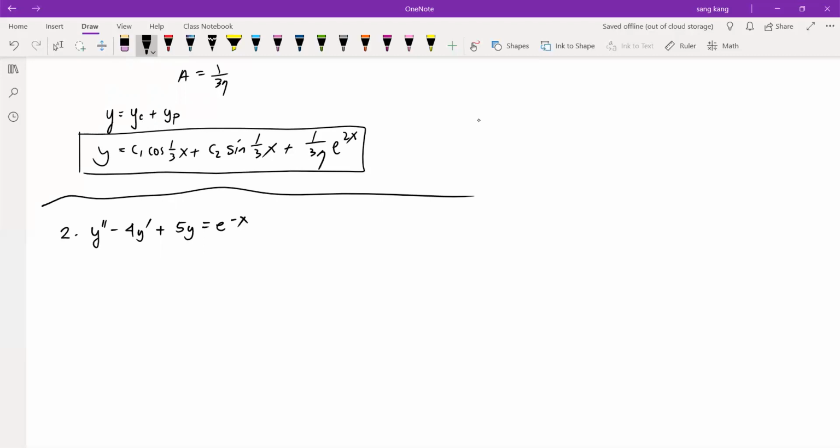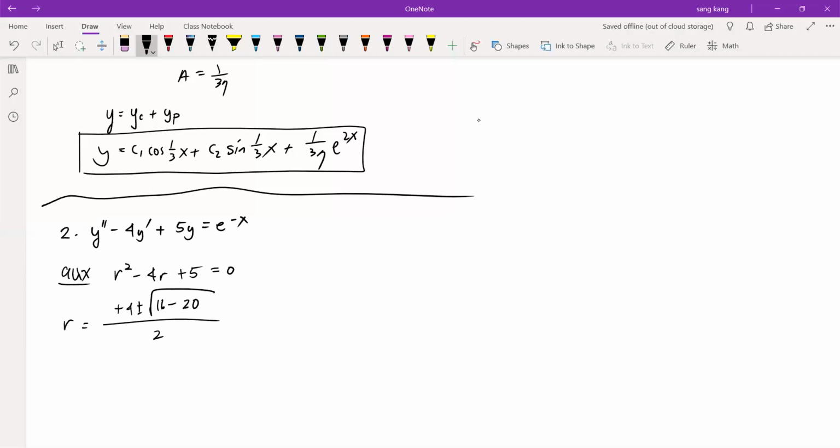Let's start with our auxiliary equation to find our complementary solution. r squared minus 4r plus 5 equals 0. Negative b, so that's positive 4, plus or minus the square root of 16 minus 4ac, so 20, over 2a. So this is our r's.